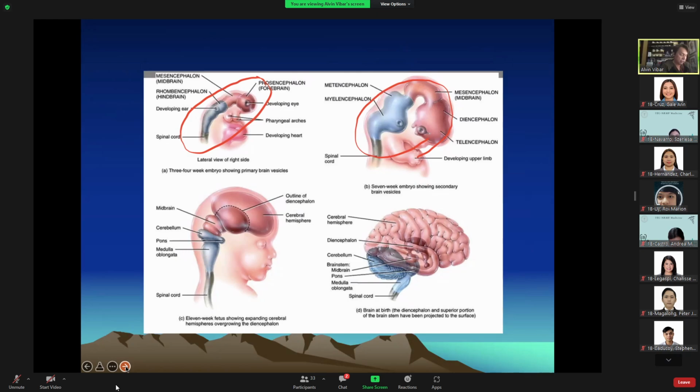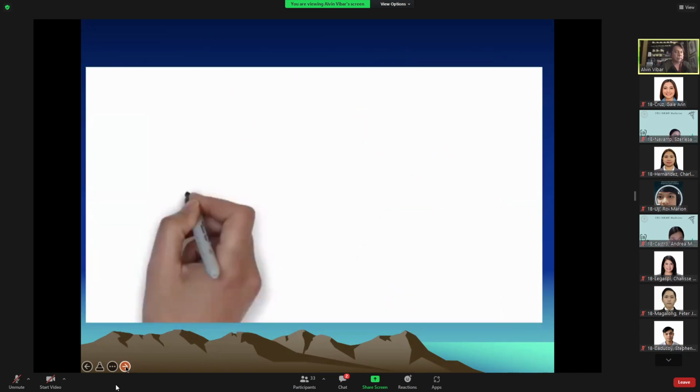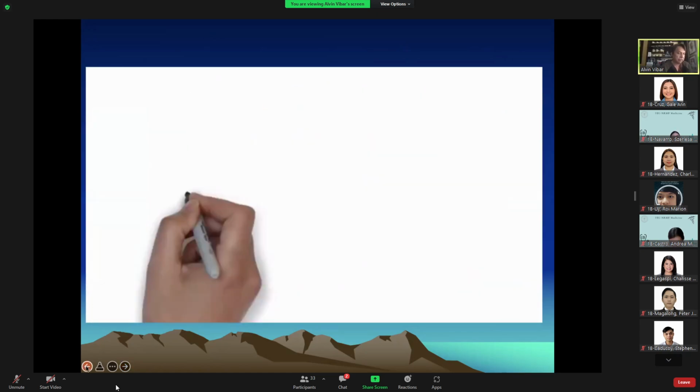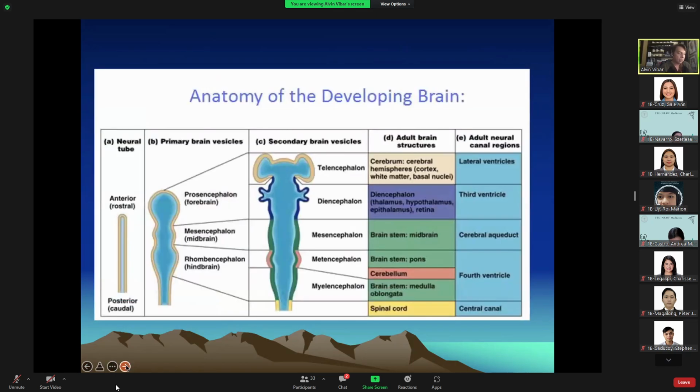And this will give rise, of course, to the parts of the brain. I-attach ko po sa Moodle yan para mapanood niyo po. This is the primary brain vesicles, 3 primary brain vesicles, and the 5 secondary brain vesicles, which will give rise to the parts of the brain.